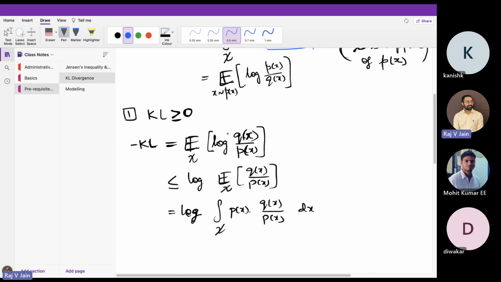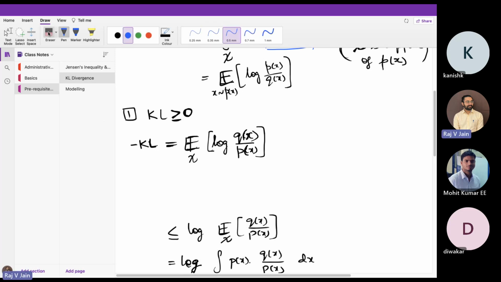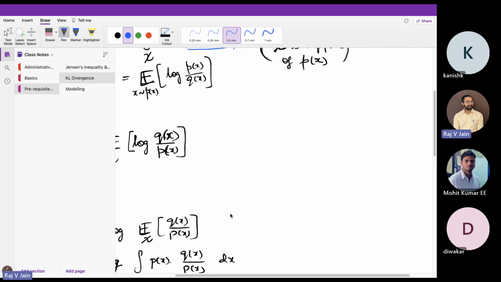Now, we know that log as a function is a concave function. Why is that, by the way? Simple high school calculus: let's say f of x is log x. f dash x is 1 by x, f double dash x is minus 1 by x squared, which is less than 0 for all x.